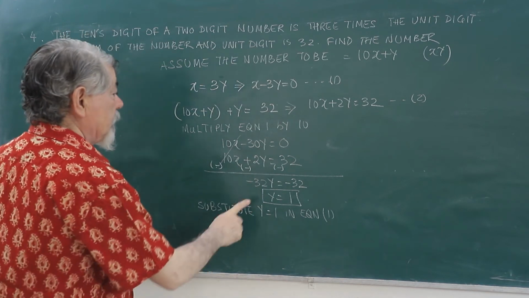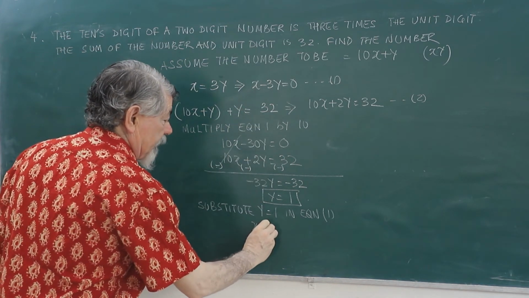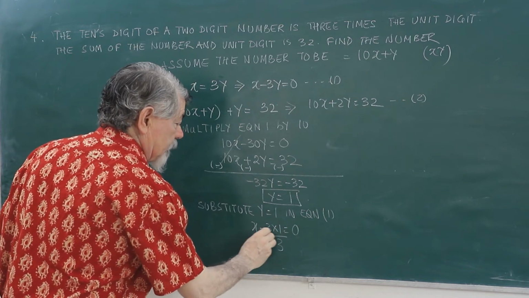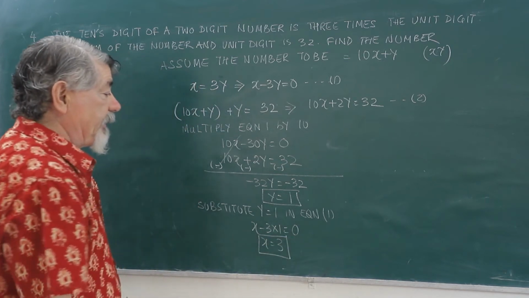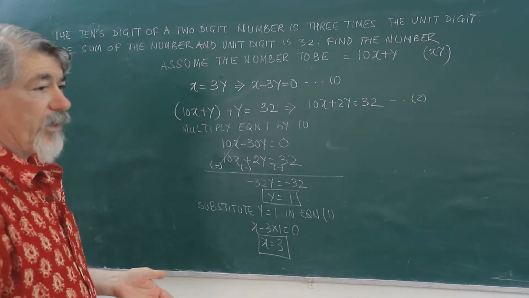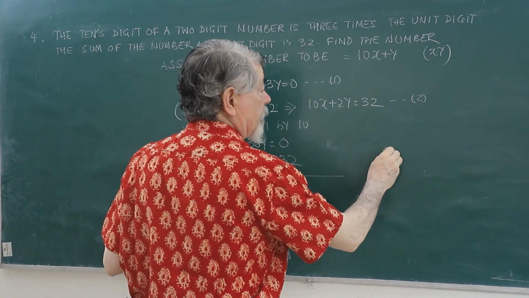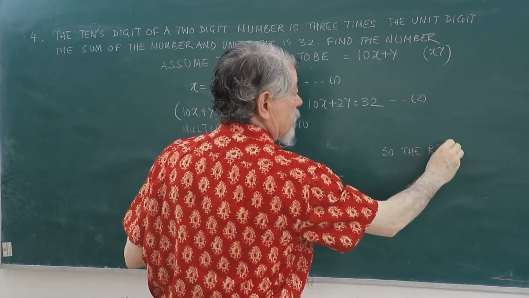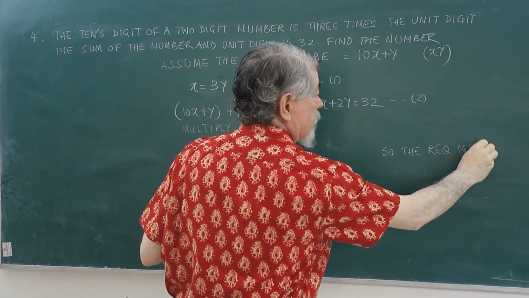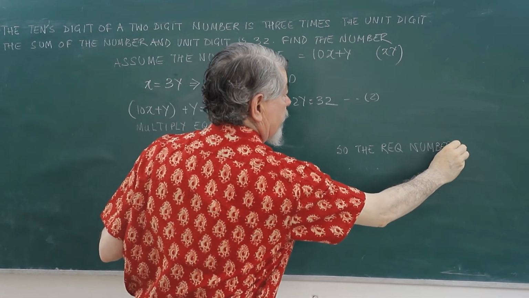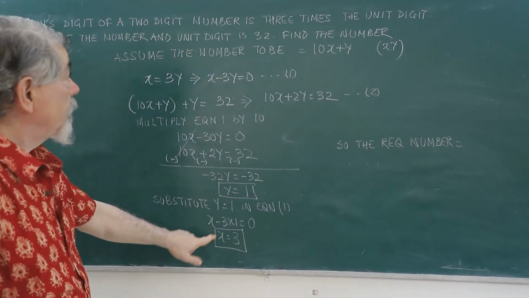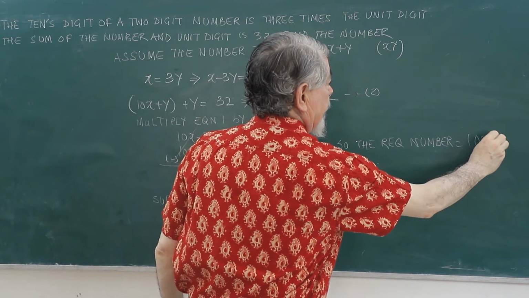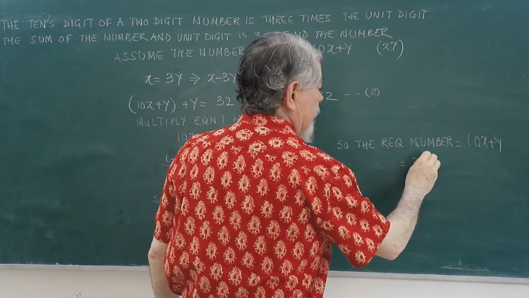That is common sense. x minus 3 into 1 is equal to 0, or x is equal to 3. So the value of x is 3, the value of y is 1. So the required number will be 10x plus y, and x is 3, so 31.